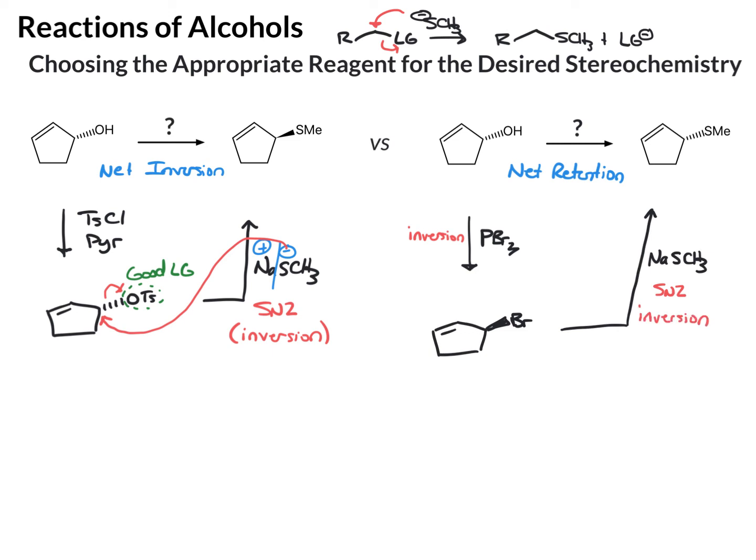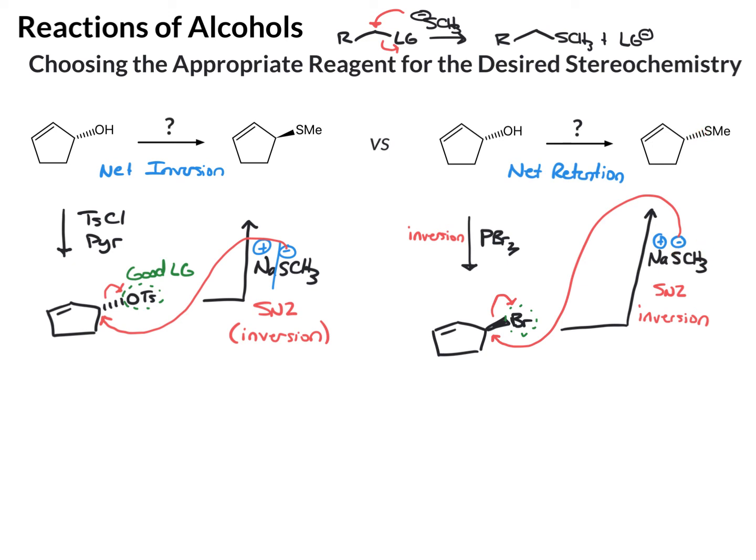But since we have the leaving group here, which is the Br, since it's out, and the SCH3 minus adds from the back, when we add this, it's going to invert the stereochemistry once again. So the Br being out means the nucleophile that added will be back.